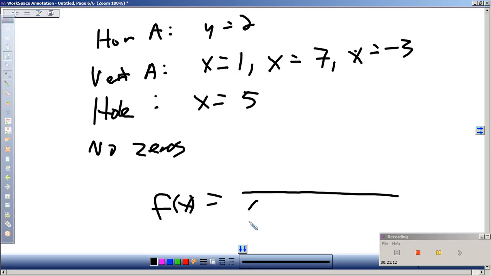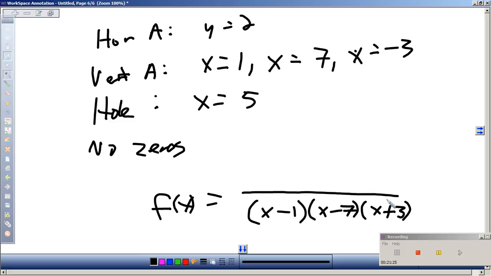On the bottom, what do we need? x minus 1, because then if we plug in 1, we're going to get undefined. Then we can do x minus 7, x plus 3. That takes care of all three of those.